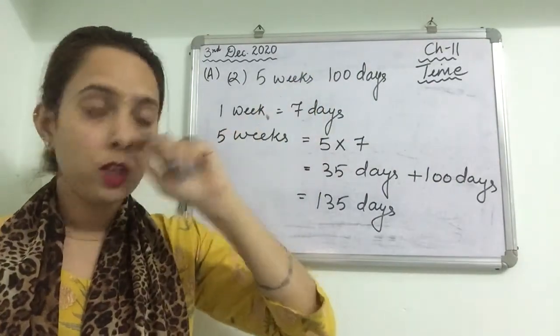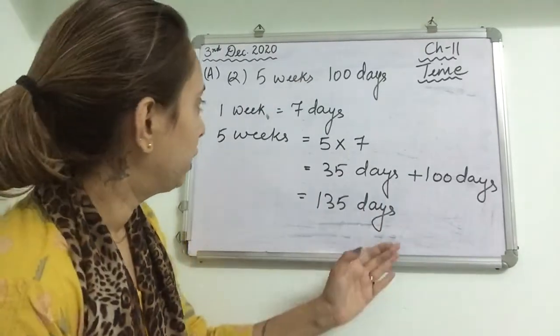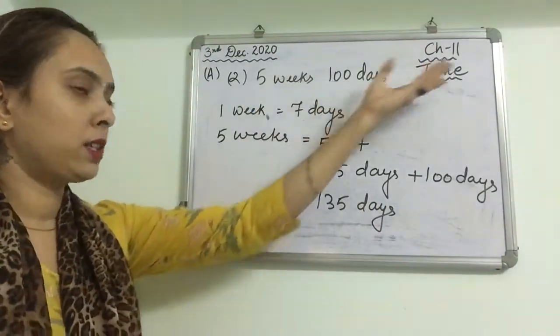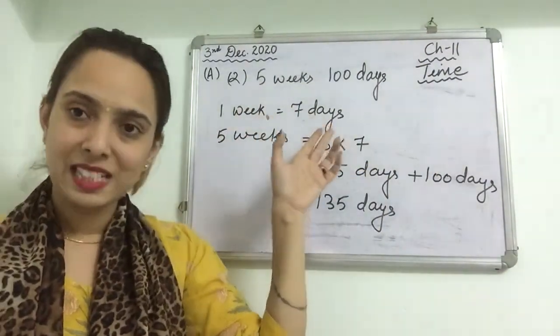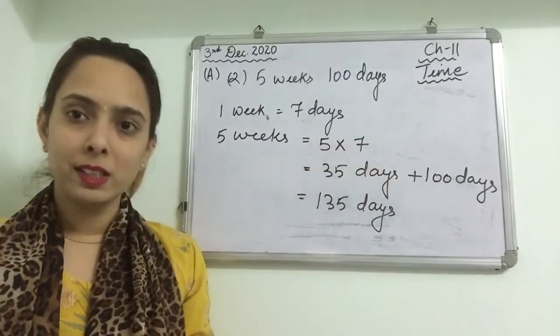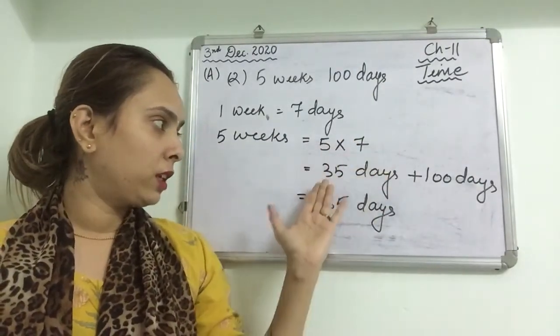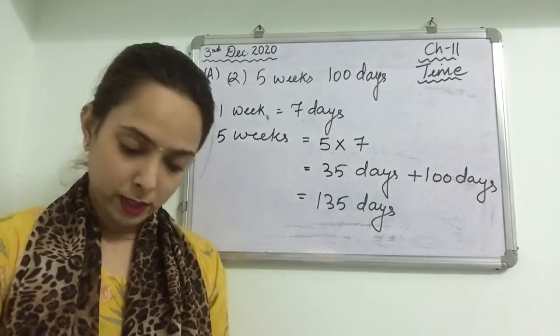I have changed it to weeks. So that is why we have got this answer. 5 weeks, 100 days is equals to, you have to convert it into days. So 1 week is equals to 7 days. So 5 weeks is equals to 5 multiplied by 7. 5 sevens are 35 plus 100 days, 135. So you are going to solve it like this.